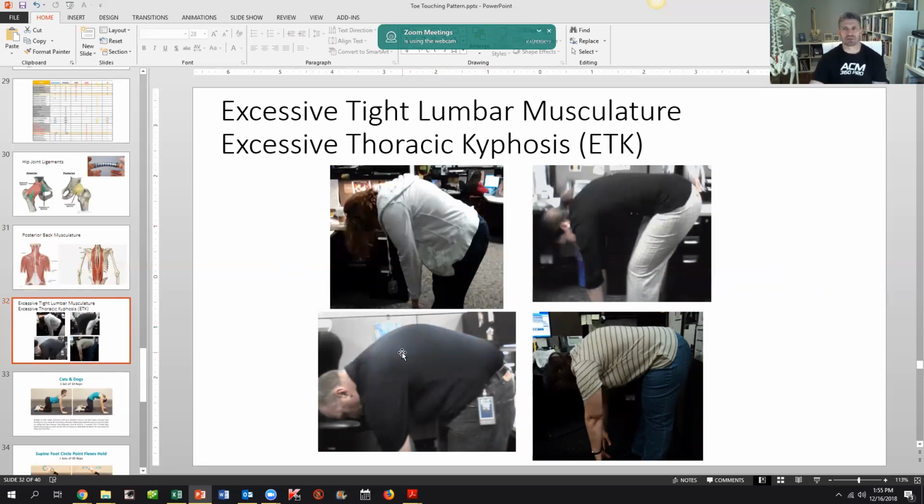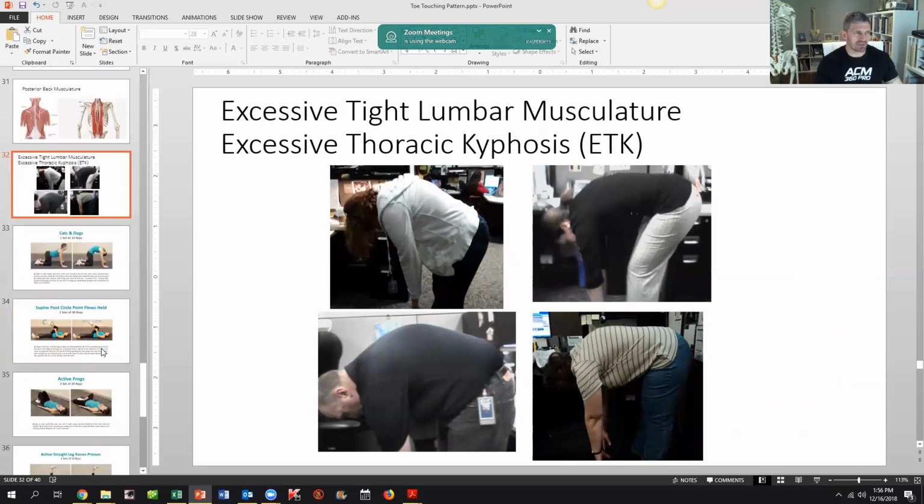These are pretty big disconnects. The lumbar spine is trying to do one thing while the thoracic spine is doing another. And you're going to see a lot of muscular imbalances here, a lot of issues with this stuff. This is why I said the toe touch pattern tells us a lot more than just hamstring extensibility. So start getting away from understanding just hamstring extensibility and look at these components.